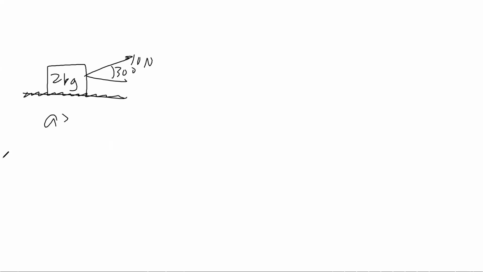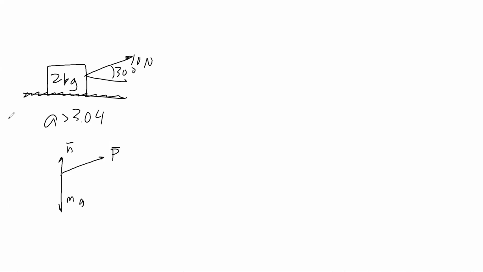Well, I'll guarantee it's going to be greater than 3.04 because now the upward part of the pull is going to work against gravity, and so you're going to have a lower normal force.